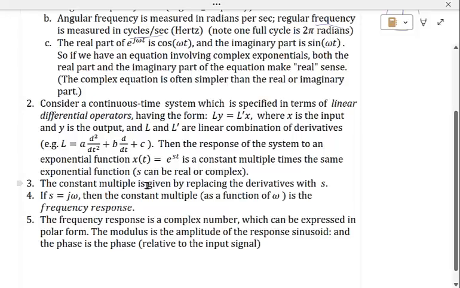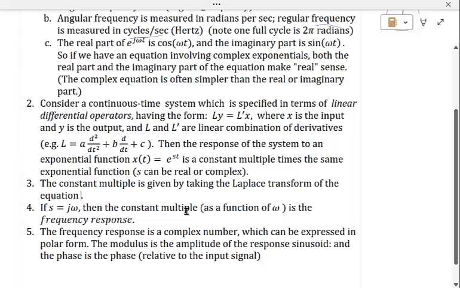Now this constant multiple is given by taking the Laplace transform of this equation here. Okay, and what does this do?